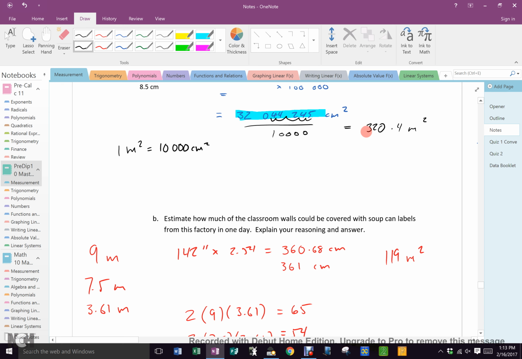So the soup factory uses that much paper in a day. Our entire room is only that big. Right? So we could cover our whole wall, all the walls in our room, up to that beam, how many times? 1, 2, 3, 4, 5.